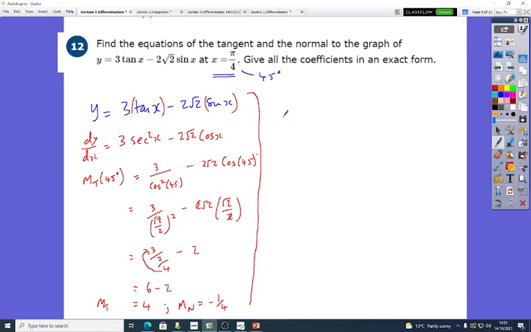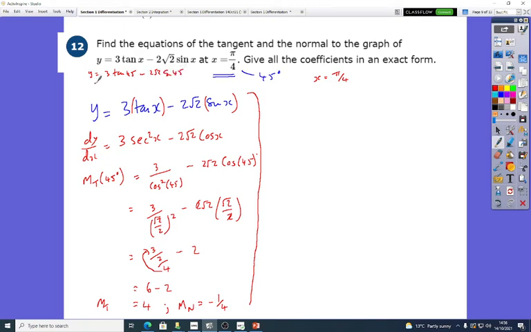Now, once you've got the gradients of the tangent and the normal, the only thing we're missing so far is a point, because you need the gradient with a point. I know that the x coordinate is 45 degrees, which I'm going to leave as pi over 4. I want to know what y is. If I put 45 degrees in there, I get y equals 3 tan 45, which is just 1, minus 2 root 2 times sine 45, which is root 2 over 2, same as cos 45.